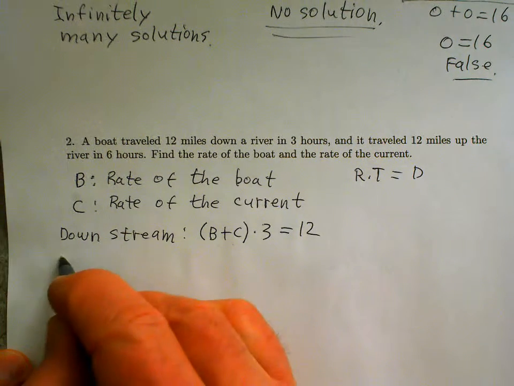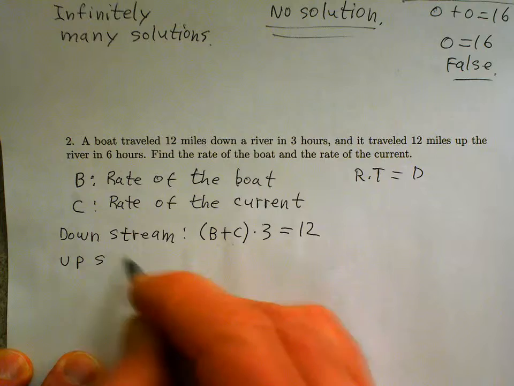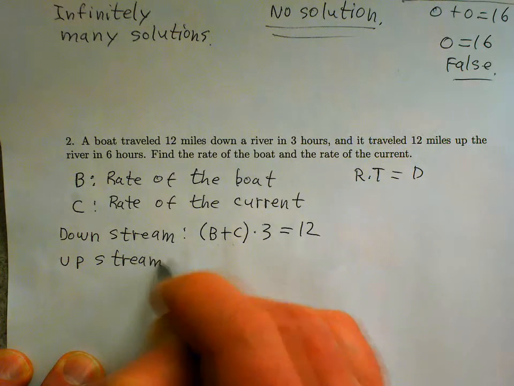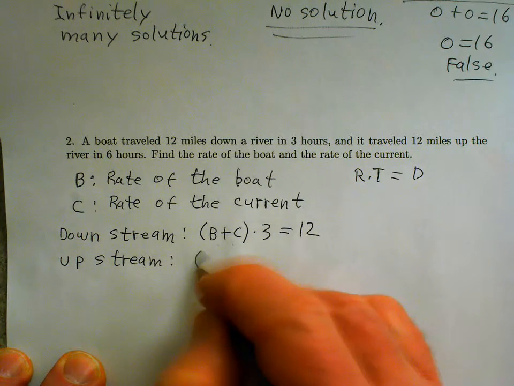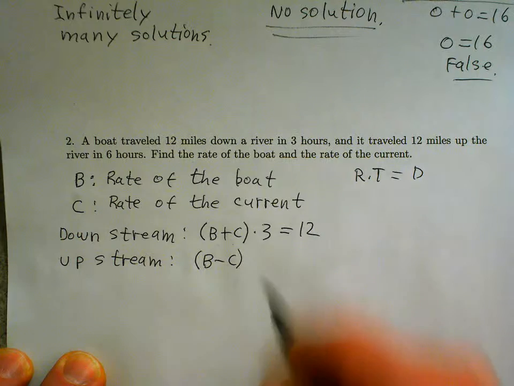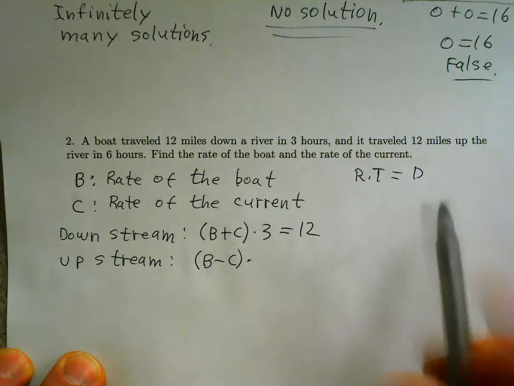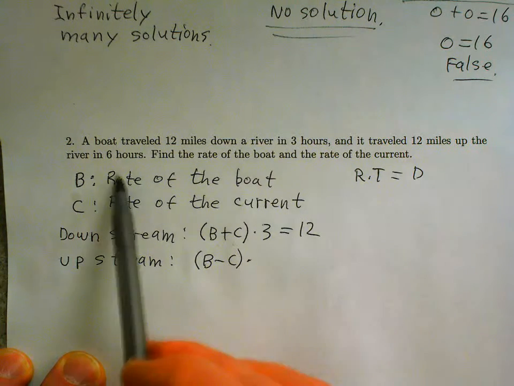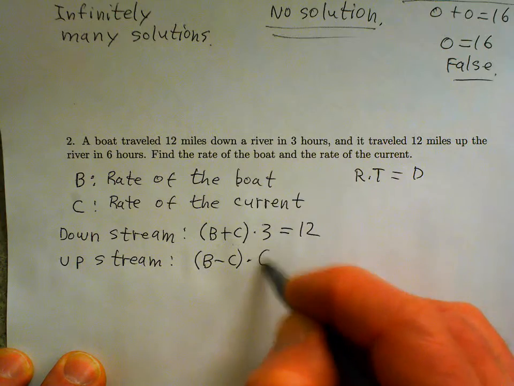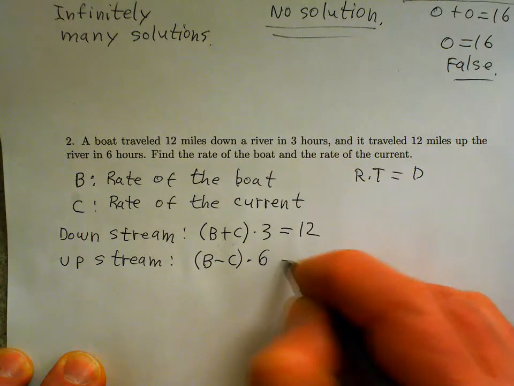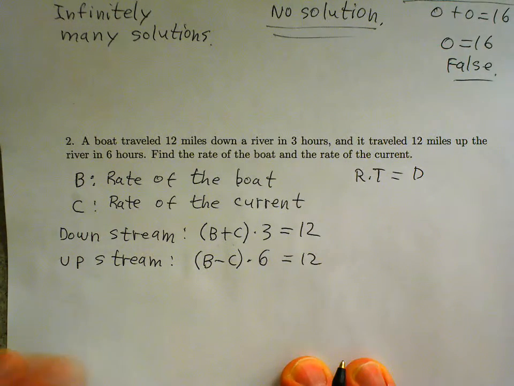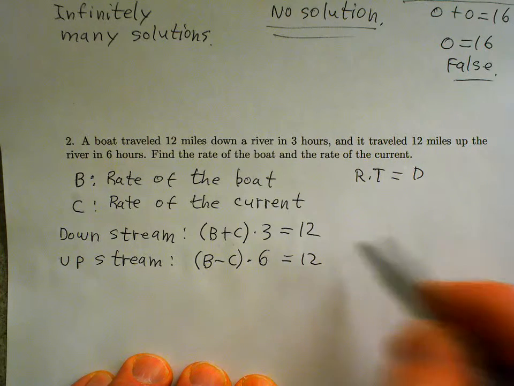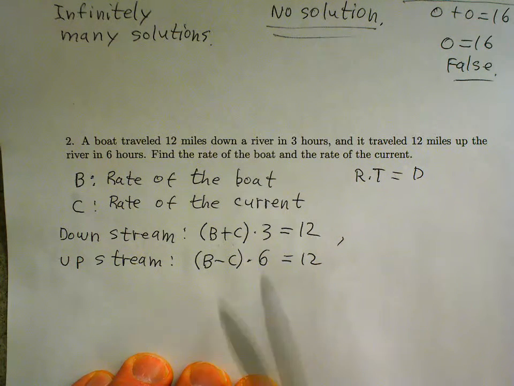And then when it travels upstream or against the current, the boat will be traveling B minus C miles per hour. And it travels 12 miles in 6 hours going upstream. Okay, so here's our system.